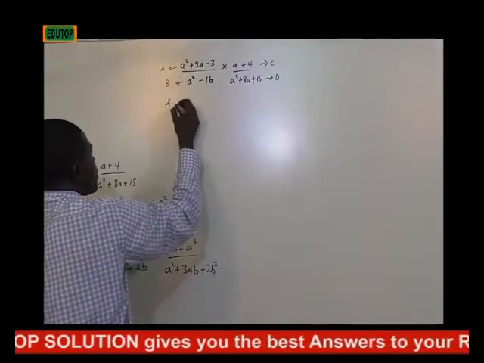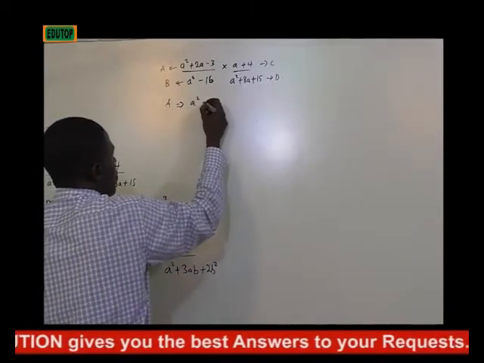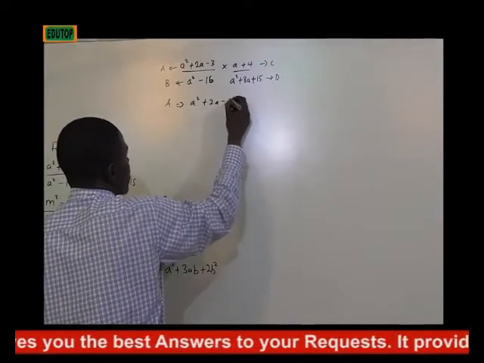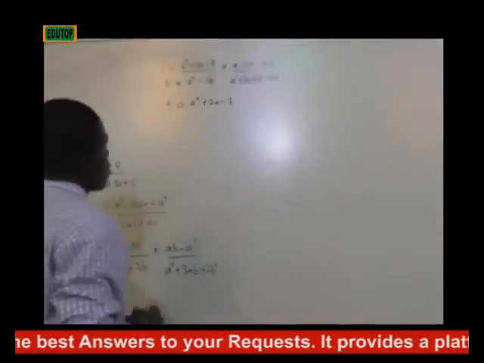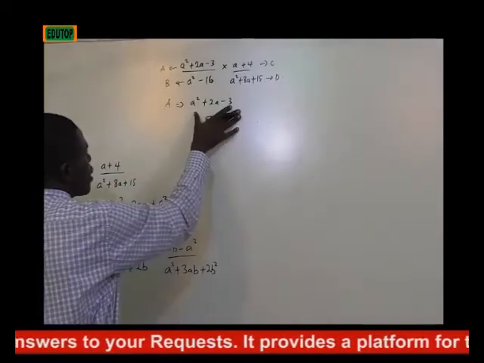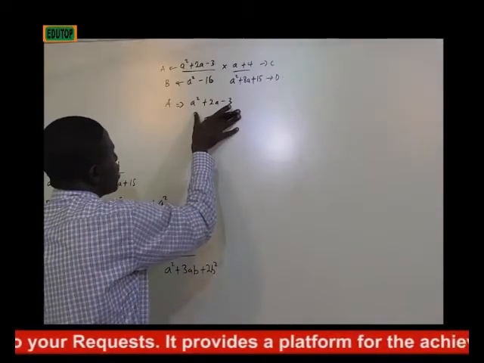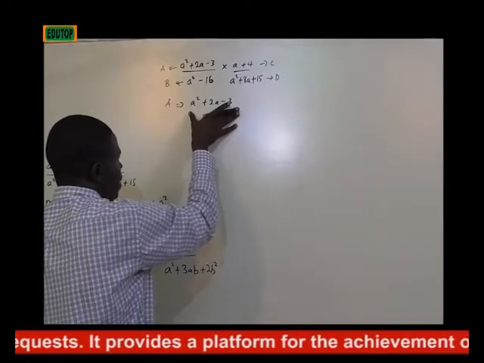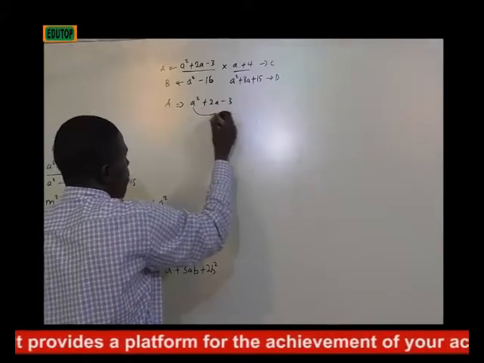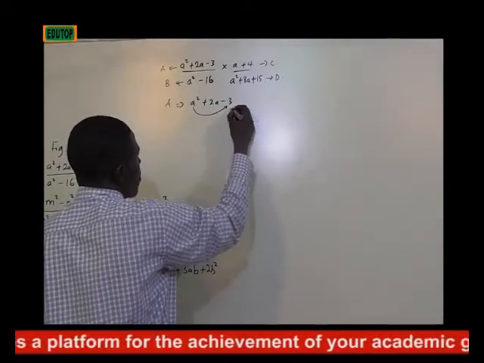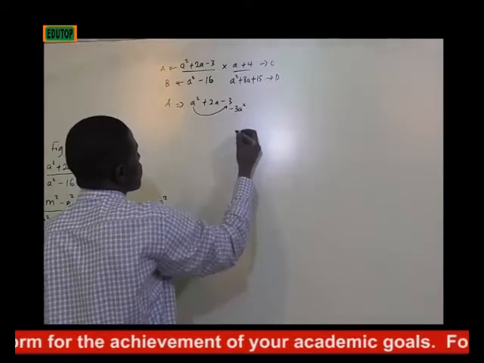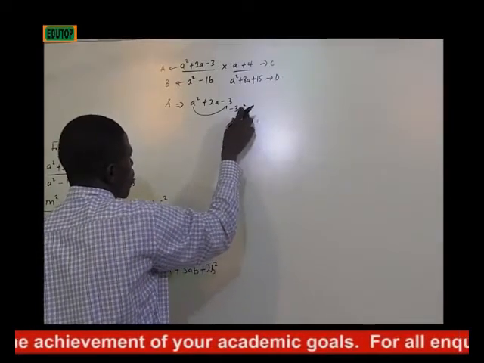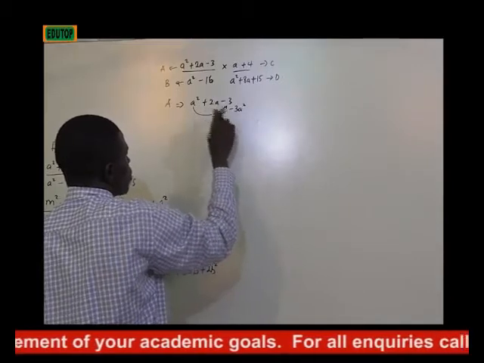So the A now, which implies that a squared plus 2a minus 3. This A, we can factorize this. It's an expression which we can factorize. We can multiply this by this and we have minus 3a squared. What are the factors of minus 3 that will give us the one in the middle?